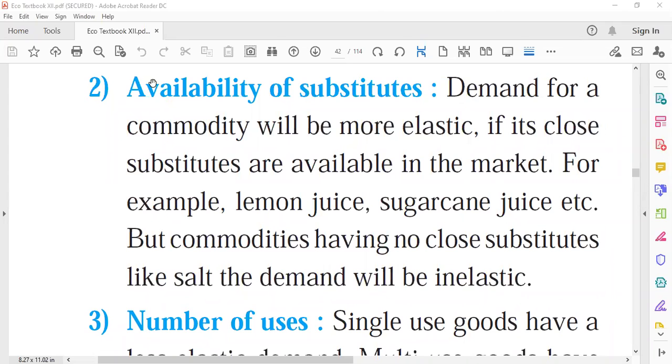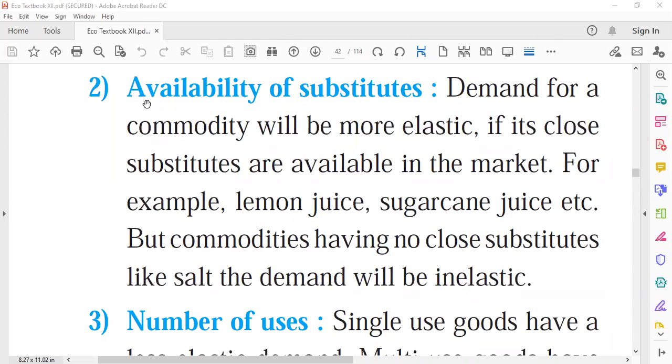Suppose you want to purchase a soft drink; a number of substitutes are available in the market. There are many soft drinks like Pepsi, Mirinda, Coca-Cola. If the price of Pepsi or Mirinda increases, then you can go for some better option. So the demand will be relatively elastic.